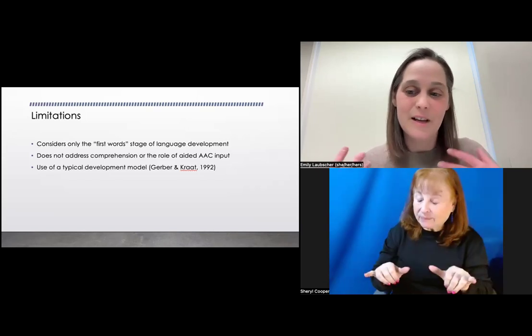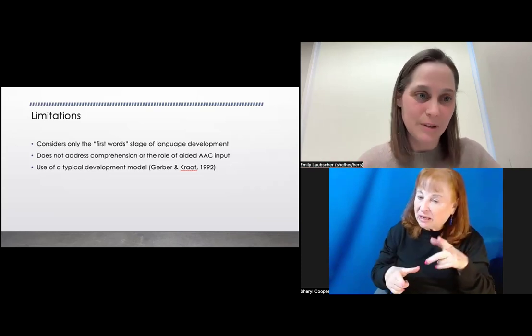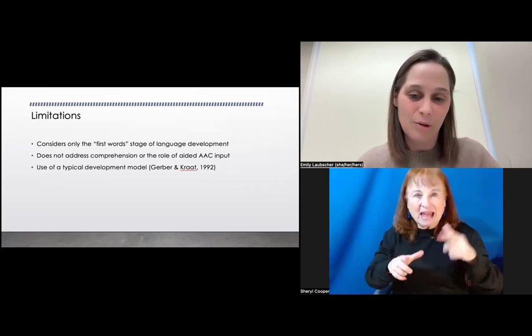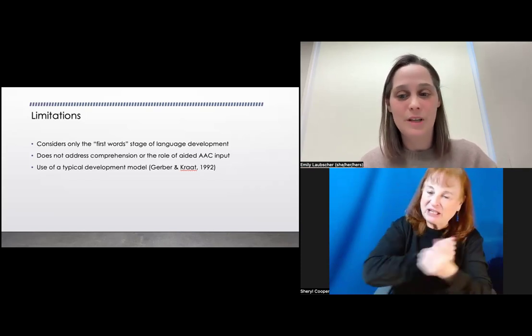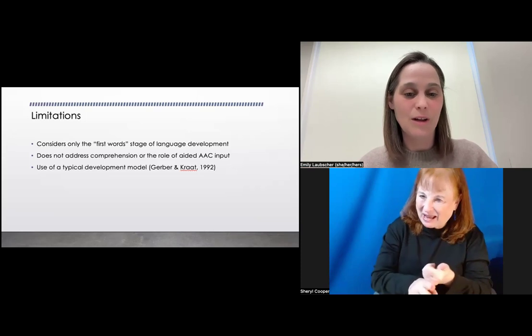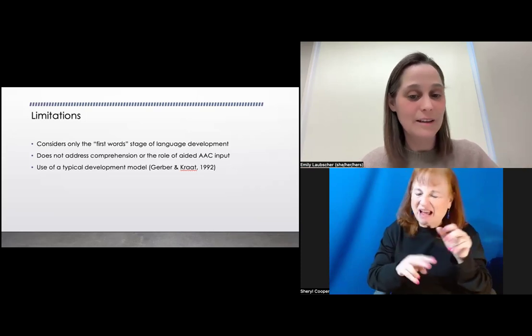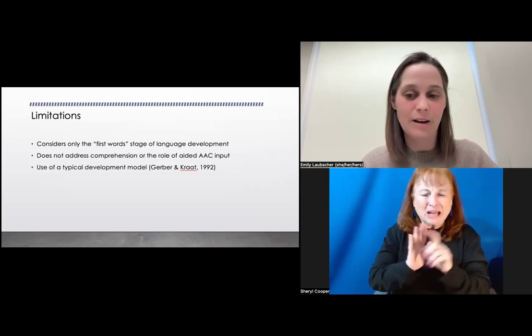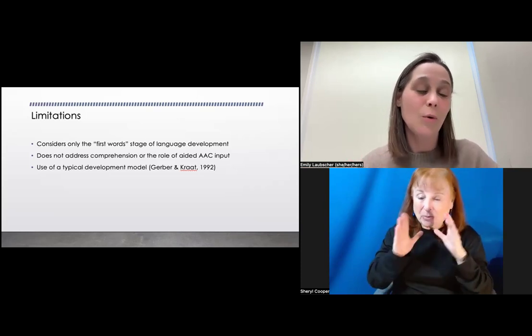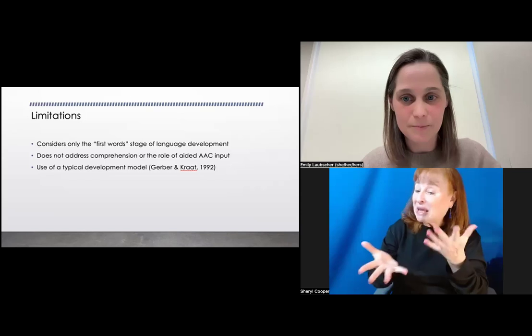As they experience language input around them, they build their language comprehension, and comprehension then serves as a foundation for expression. This review did not ask questions about what language input or aided AAC modeling should look like for beginning communicators who require AAC. It only considered what words they might want to express.